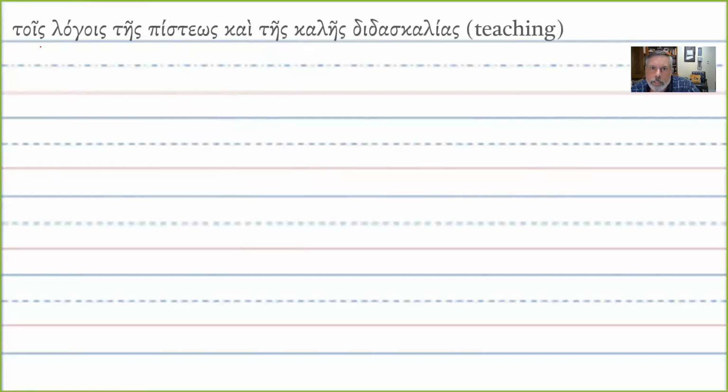Okay, tois, lagois is my dative plural. Tes pisteos, genitive, and kai, tes kales, there's my genitive, and didaskalais, laios, and so that's in the genitive as well.